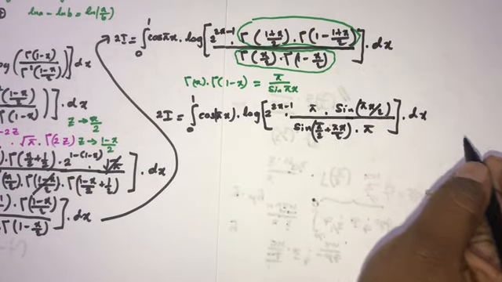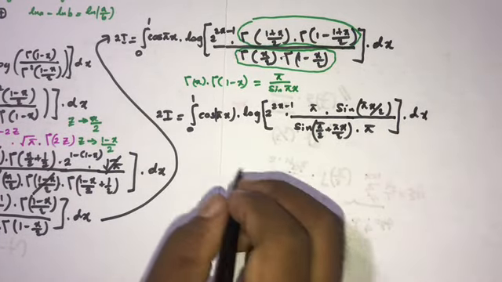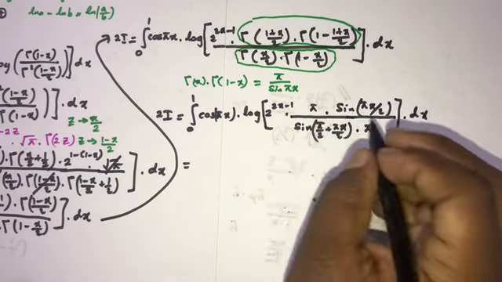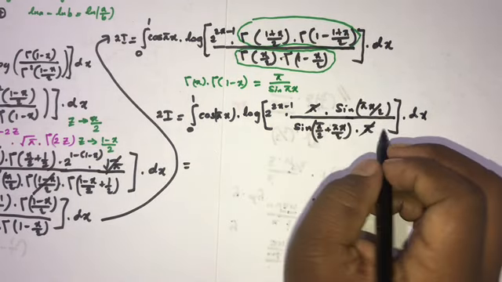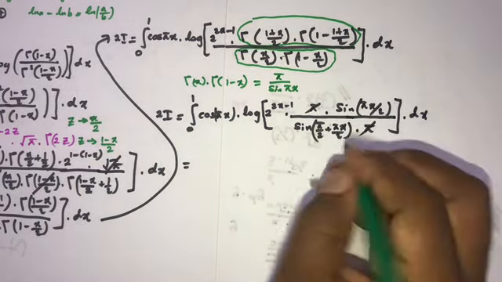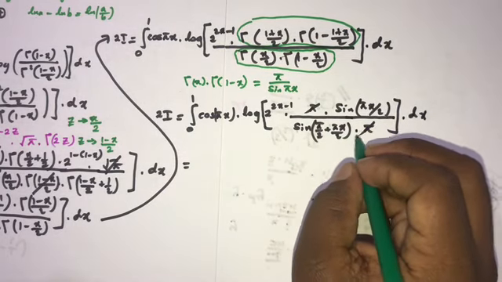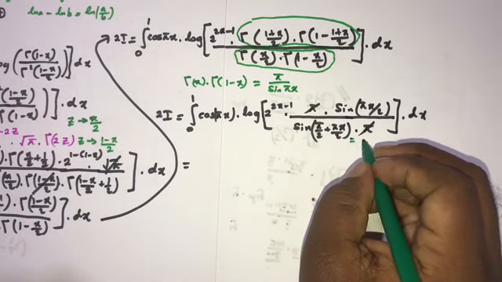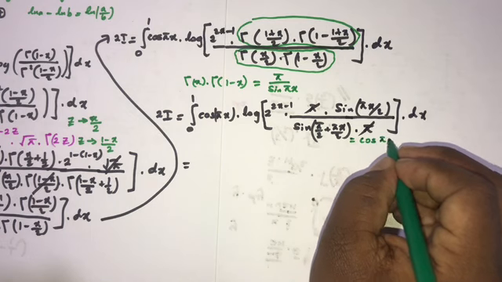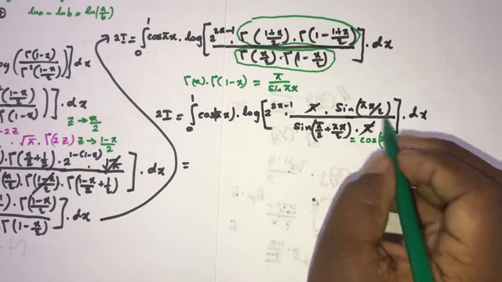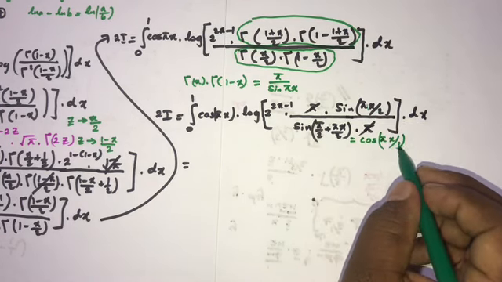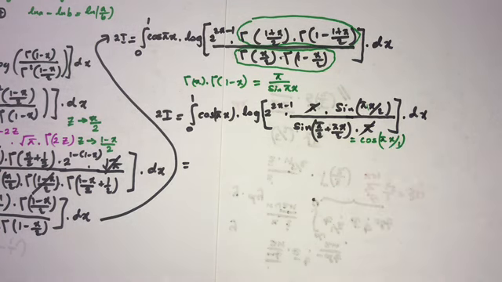Okay, then we know this pi gets cancelled, and here sine of pi over 2 plus pi x over 2, we know this is equal to cosine of pi x over 2, and sine of pi x over 2 over cosine of pi x over 2, we know tan of pi x over 2.